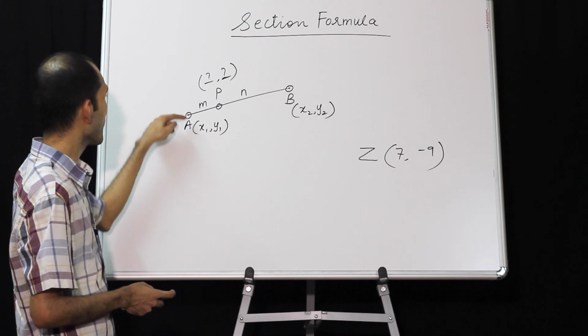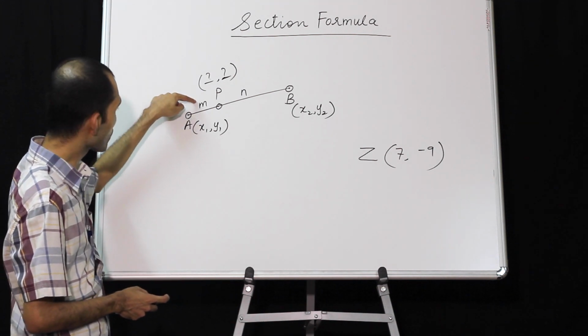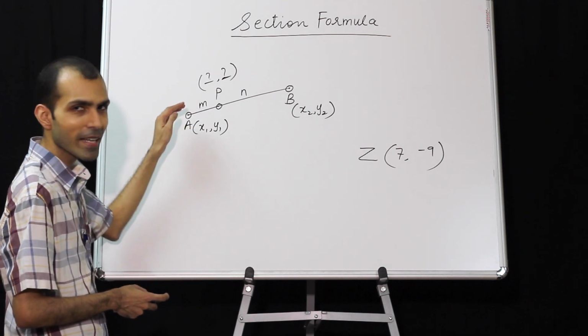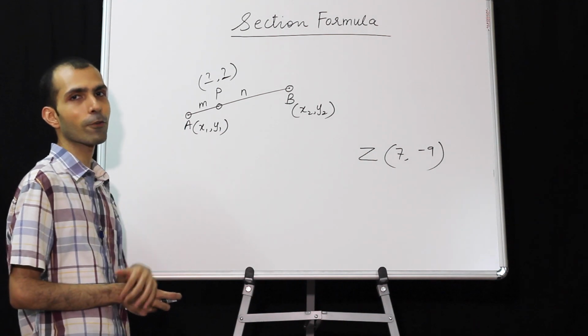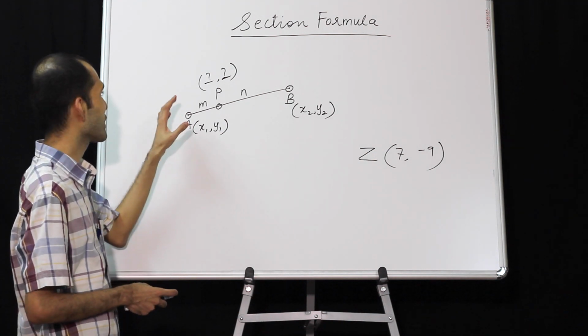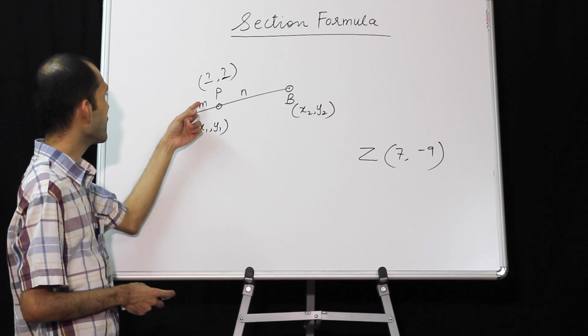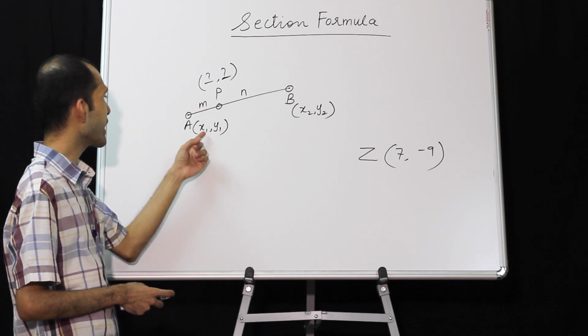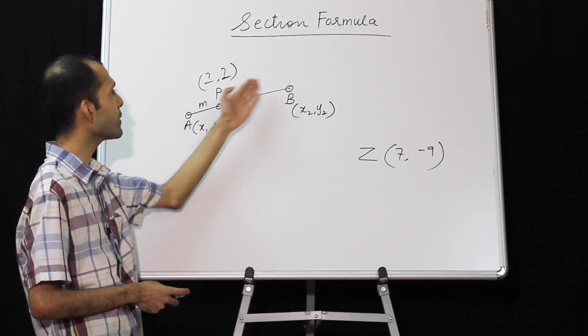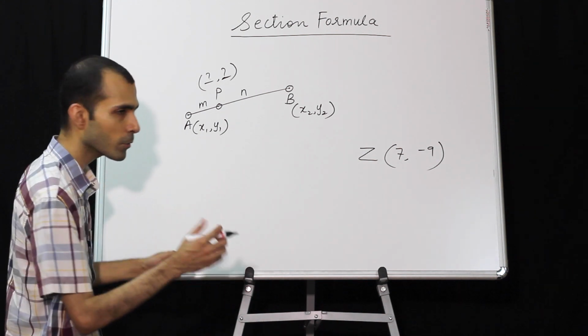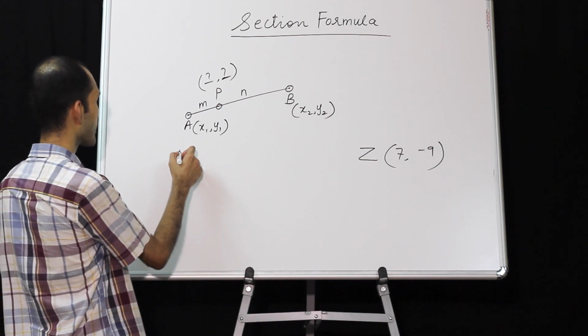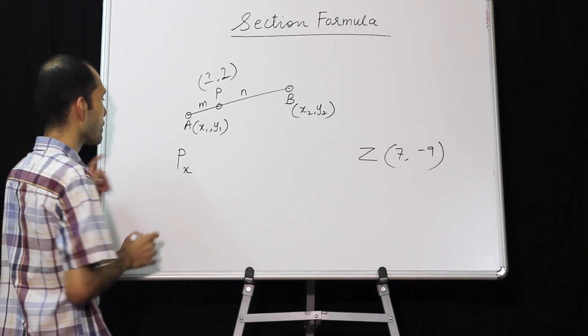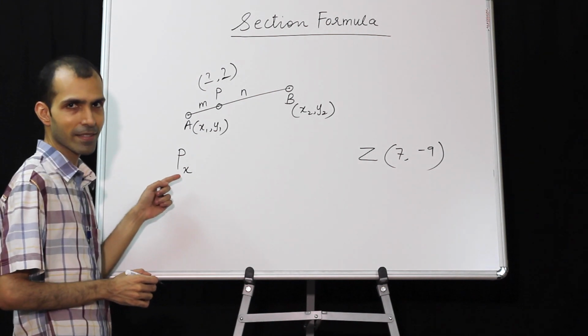Okay, and remember m should always be on the side of x1, y1, otherwise the formula will not work. So this is an important tip. M should always be on the side of x1, y1, and then n should be on the side of x2, y2.